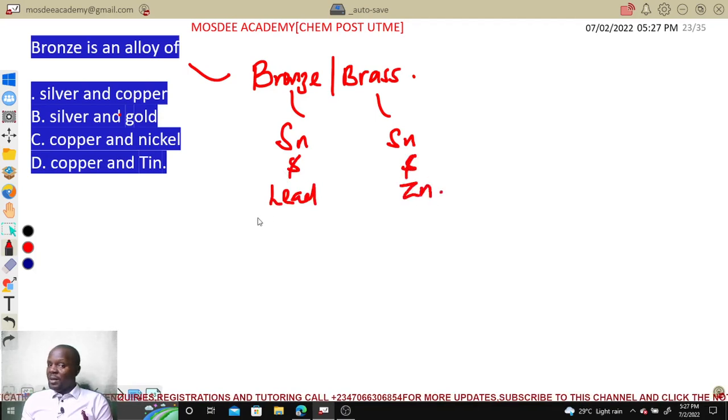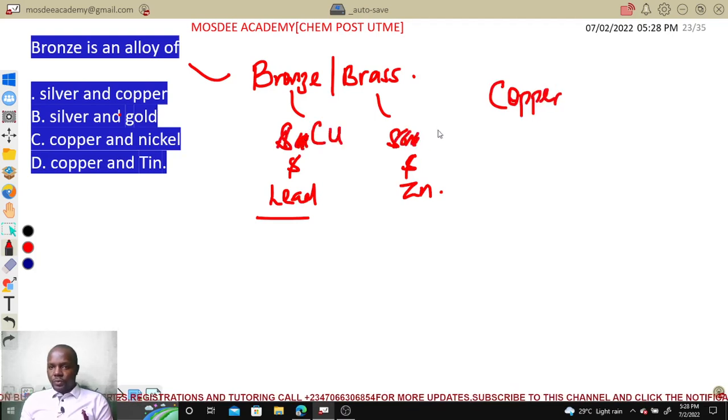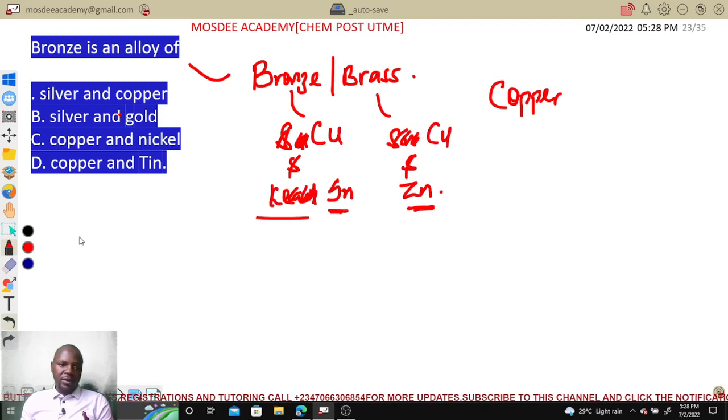These are the major elements there. There are other elements like nickel, like copper. Please note that I said tin and lead. I don't even know what happened to me. Copper is common to both, Cu, copper and tin for this, and copper and zinc. So apologies about that.